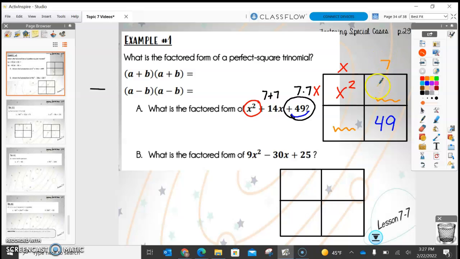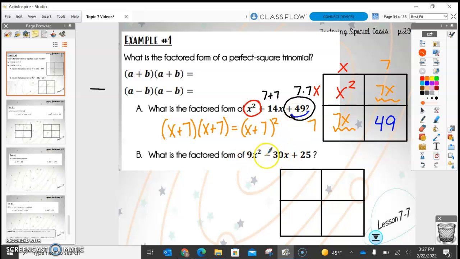If I put a 7 here, I'd have 7x. And if I put a 7 here, I have 7x. So my factored form will be x plus 7 times x plus 7. Another way to write that is x plus 7 quantity squared. It's a perfect square trinomial.